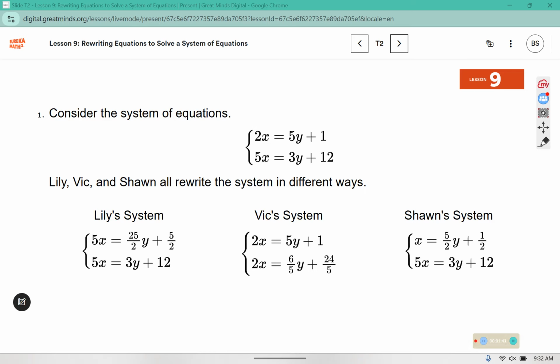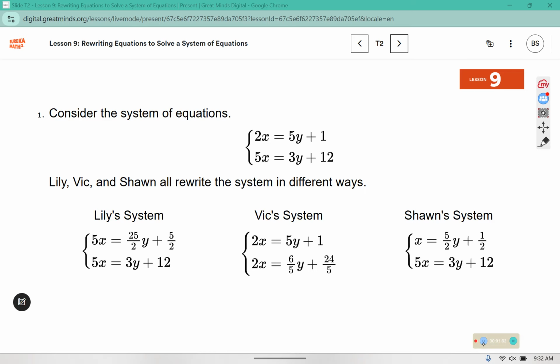Consider the system of equations. Lily, Vic, and Sean all rewrite the systems in different ways. Lily rewrites it so they have 5x in common, so they can substitute the 5x in one equation with what the 5x is equal to.